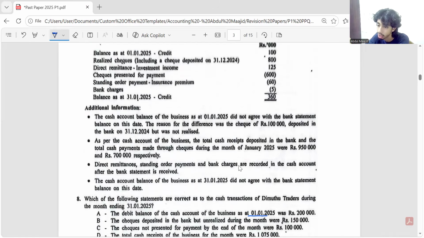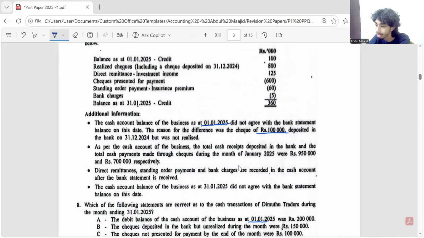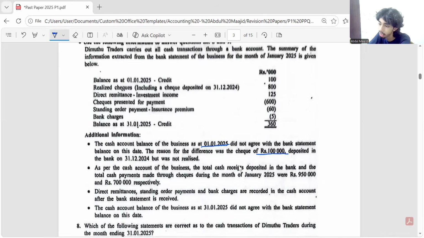Okay, see here. The cash account balance of the business as at 1st of January did not agree with the bank statement balance on this date. The reason for the difference was the check of 100,000 deposited in the bank was not realized.